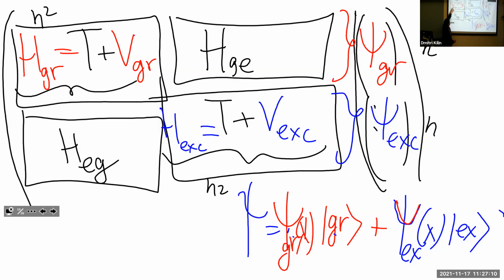The top left block will affect only the ground state wave function, and it will be identical to what we had before: kinetic plus potential for the ground state. The lower right block will affect the excited state, and the Hamiltonian will include kinetic plus the potential energy surface for the excited state.